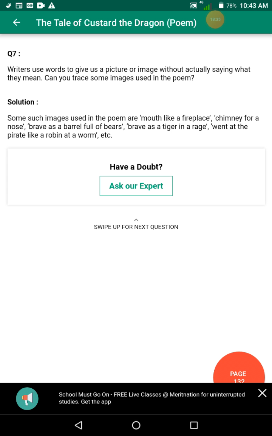Some such images are: one, mouth like a fireplace. Two, chimney for a nose. Brave as a barrel full of pears.